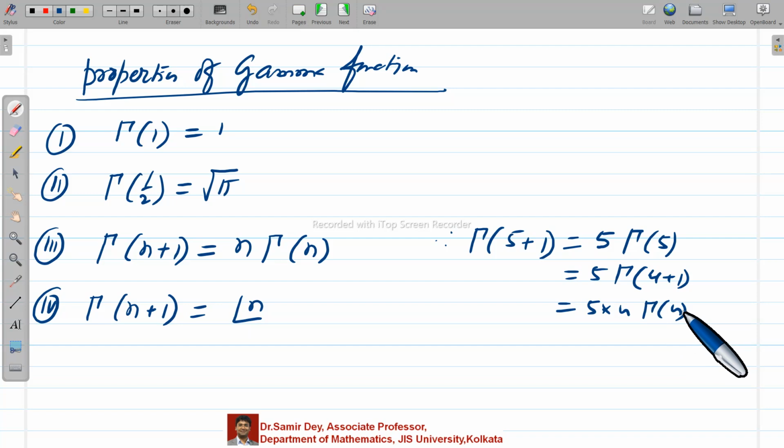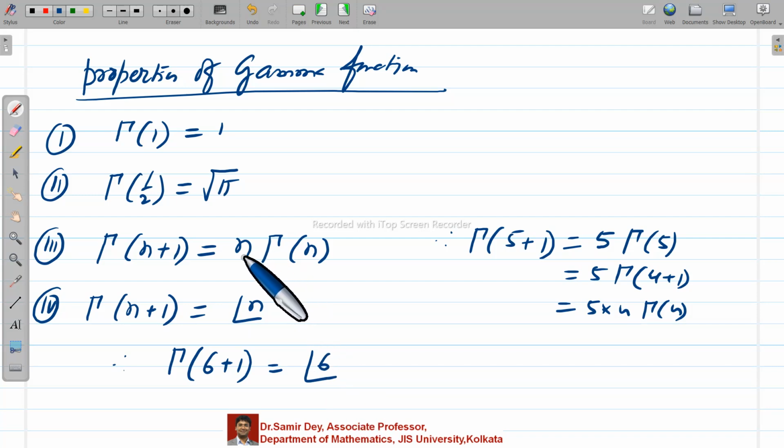The same thing here: for example, gamma 6 plus 1, here n equals 6, and then you may write factorial 6. Basically this factorial 6 is coming from the formula n gamma n. Please remember this formula can be used when n is a positive integer, and otherwise you can use the other formula.